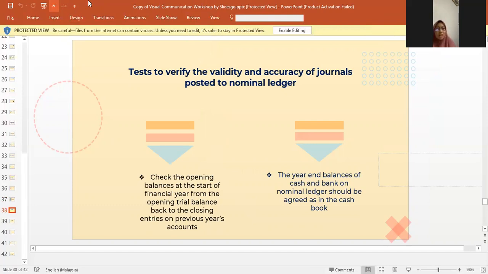Firstly, I would check the opening balances at the start of the financial year from the opening trial balance back to the closing entries on the previous year's accounts. After I have checked, each item would be agreed to the nominal ledger, ensuring that both the value and analysis are correct. This opening posting should also be the first entries in the new year, as all nominal ledger balances should have been set to 0.